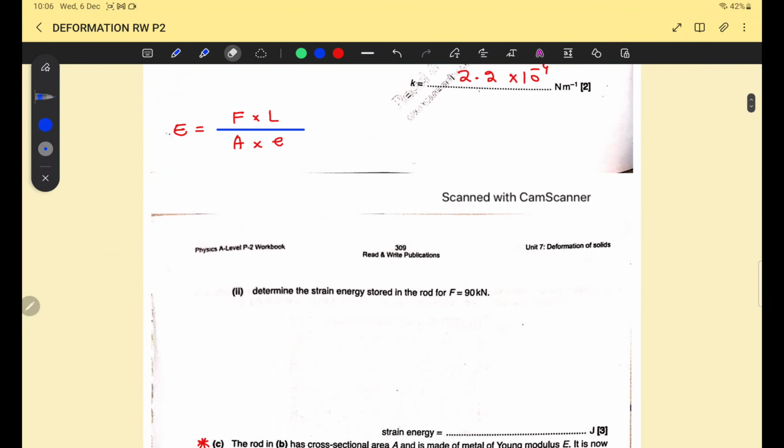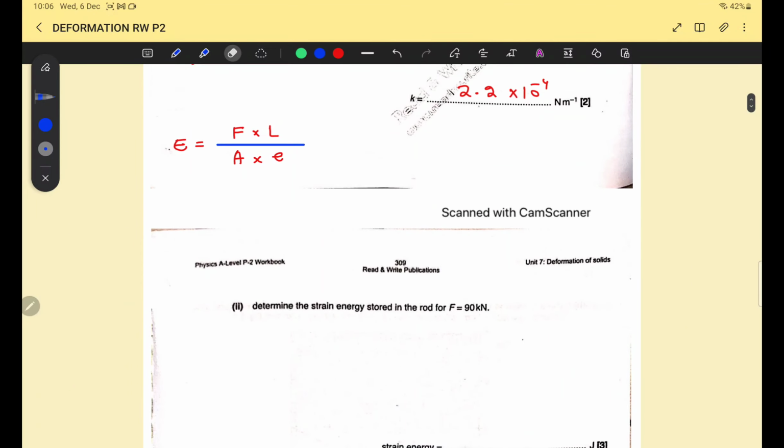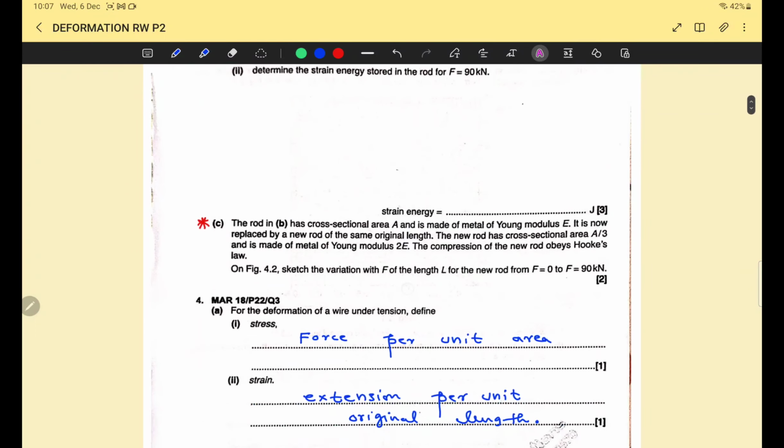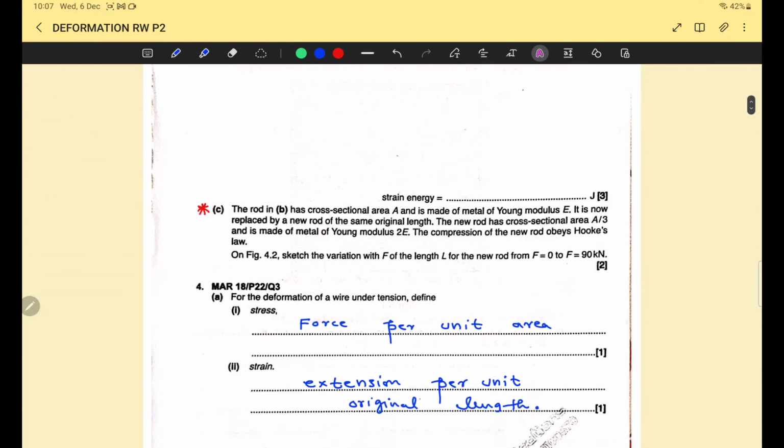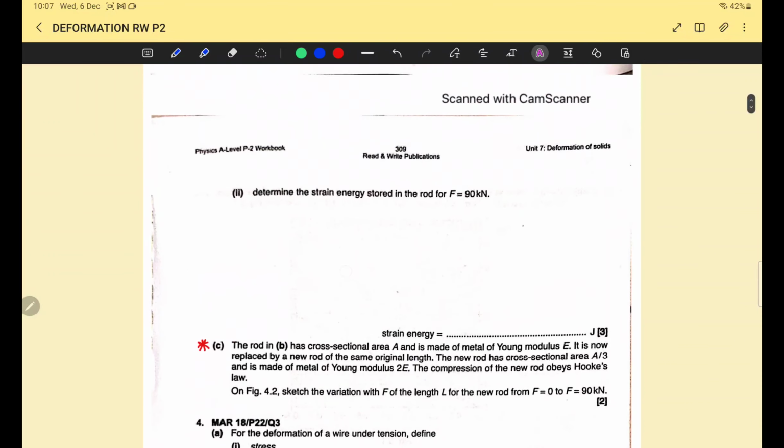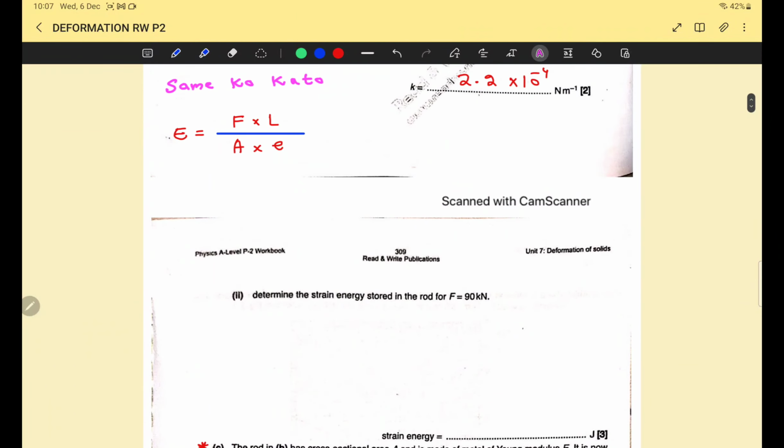So beta, when no numerical value is given, then I use a method which I call "same quantities ko kato". Kato means cancel out. I call this method same ko kato. So when you are not given numerical values, you have to solve this question by same ko kato.